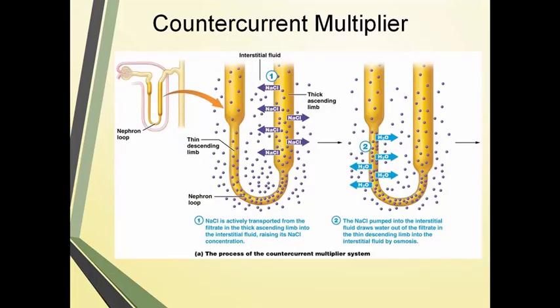If you look at this, the sodium chloride is transported by the thick ascending limb into the interstitial fluid. This is going to, of course, raise the sodium concentration within that fluid. Then the sodium chloride can be pumped into the interstitial fluid. It's going to draw more water out in the thin side by simply osmosis, and that's a passive process.